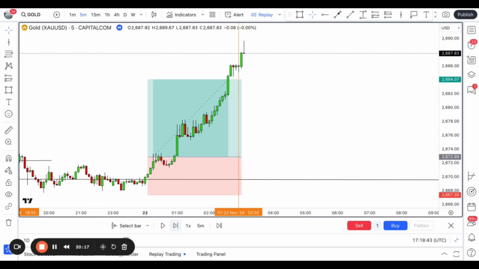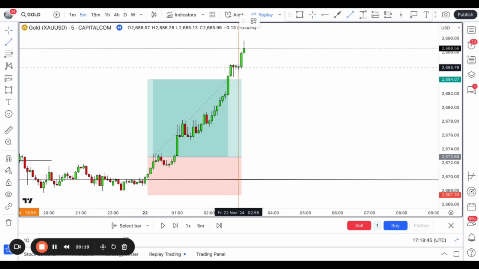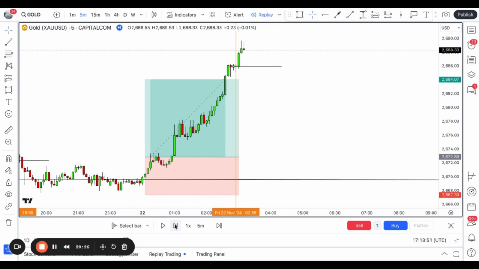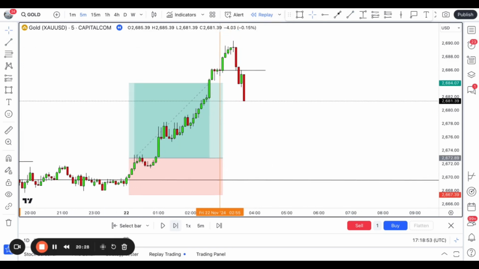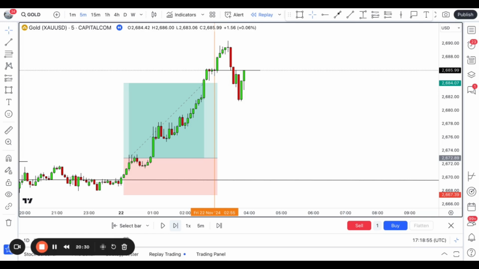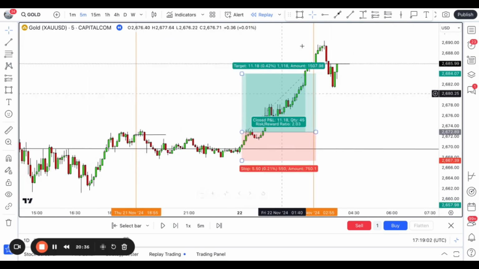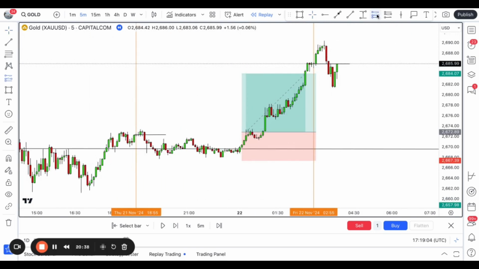Right, same principle applies. This is going without me. Sometimes this happens. Would I want to take this now, all being that it's already pushed up?